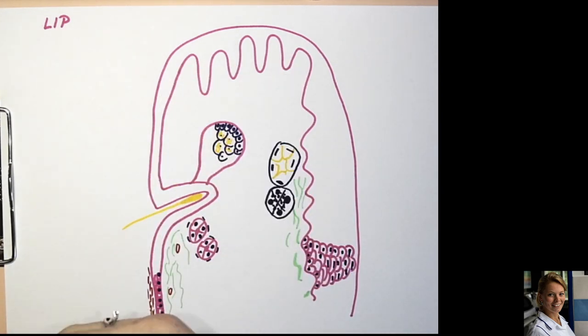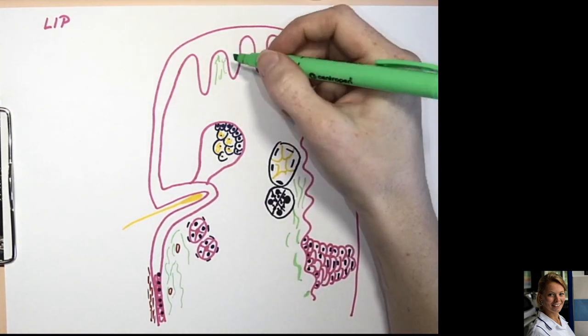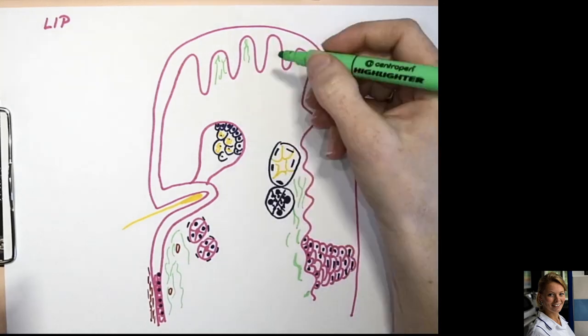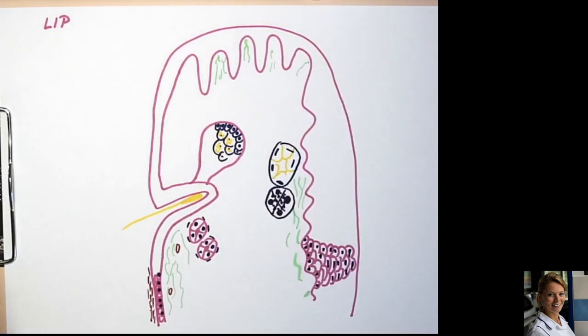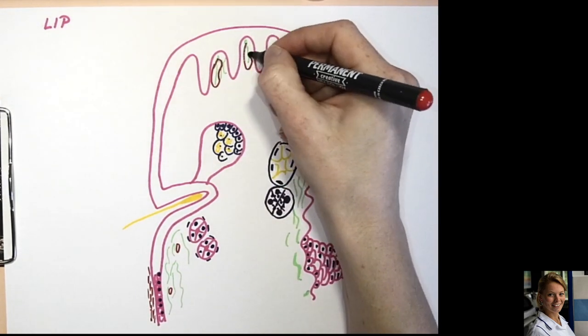you can also find loose connective tissue beneath the epithelium, and the transitional zone contains a rich network of blood vessels and a lot of nerve endings. These are the blood vessels.